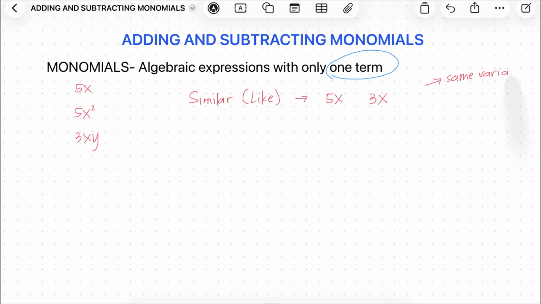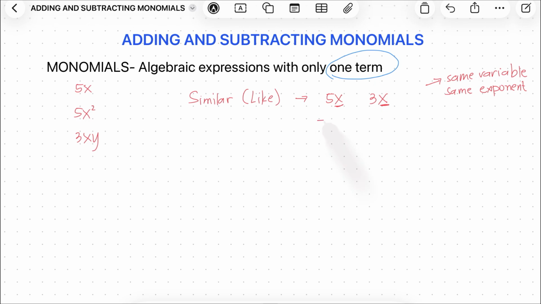So take note of these important details: same variable, and the variable has the same exponent. So the x is the variable here, and the exponent of x is 1. In both expressions, they have the same variable and the same exponent.